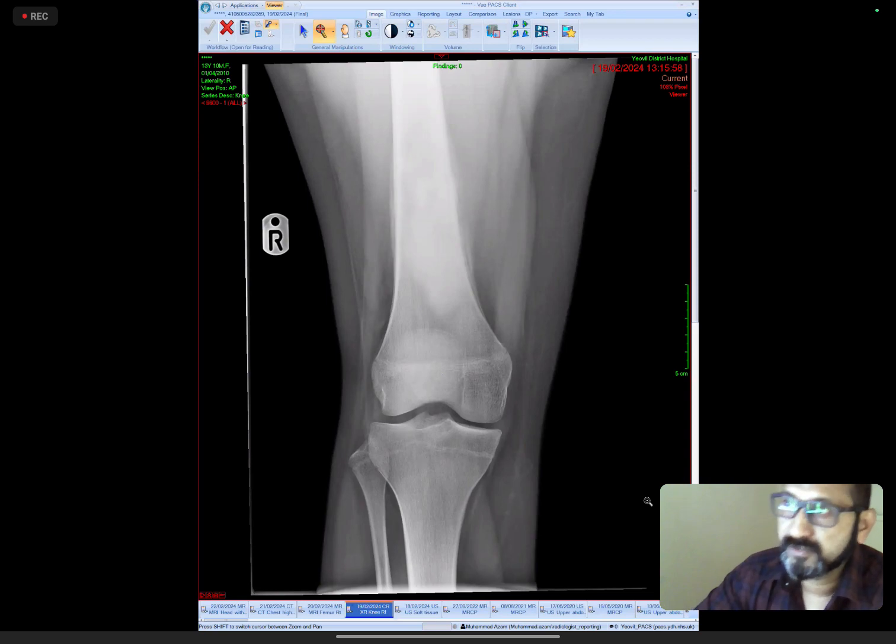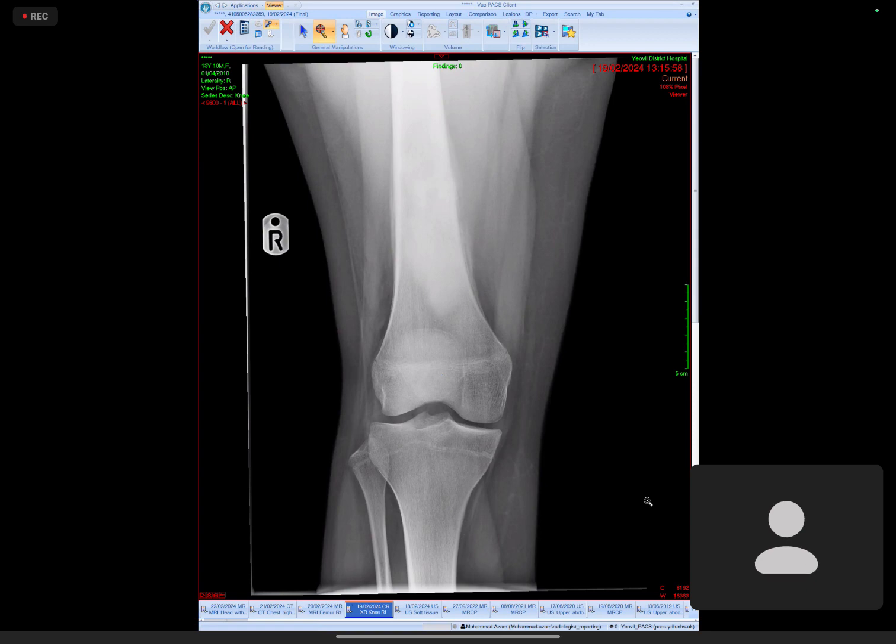A 13 years old female, pediatric age group, presented with right lower limb pain. I am presented with an X-ray of the knee joint involving the distal third of the femur and the upper tibia.